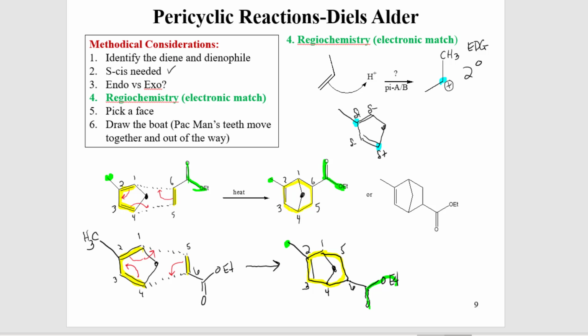Let's do the same for the dienophile. We just said that we've got a very strong dipole with this withdrawing group. So if you were to draw a resonance contribution, all right, here is the dienophile. You could draw only one direction for resonance because of the oxygen. The oxygen is very electronegative, so there's only one resonance that we can draw.